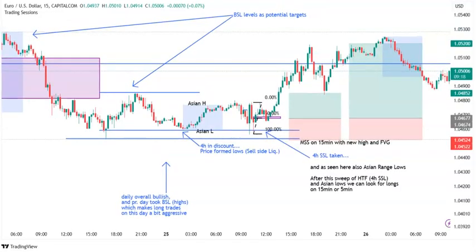You could also combine that with the 5 minute time frame, and in this case our entry for this market structure shift on the 15 minute time frame was as the market approached this fair value gap zone.